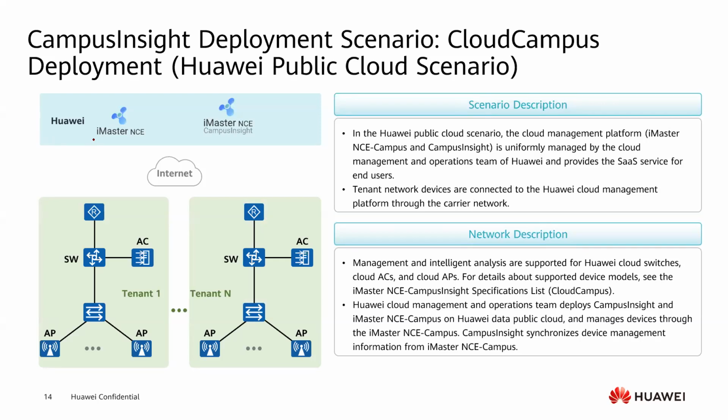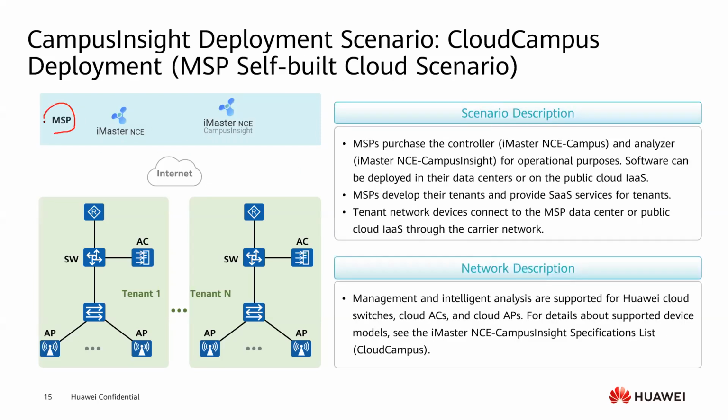The Huawei platform deploys the controller and also the CampusInsight, and you can rent the service from the Huawei platform to control, manage, monitor and optimize your networks. Also, the MSP can deploy these two devices and then you can rent or buy the services from the MSP. It's similar to the Huawei platform scenario.